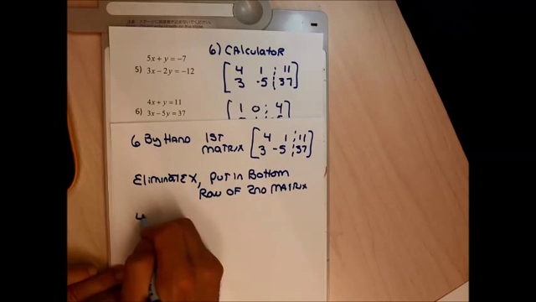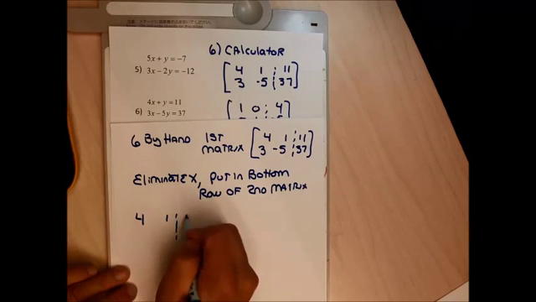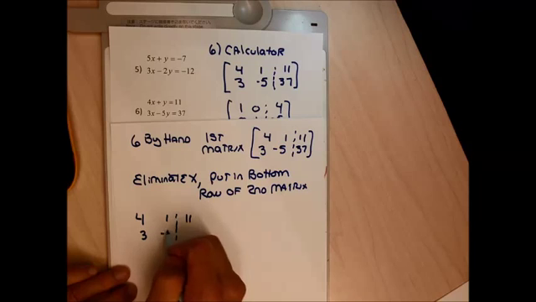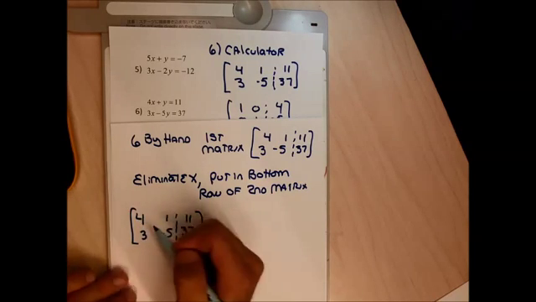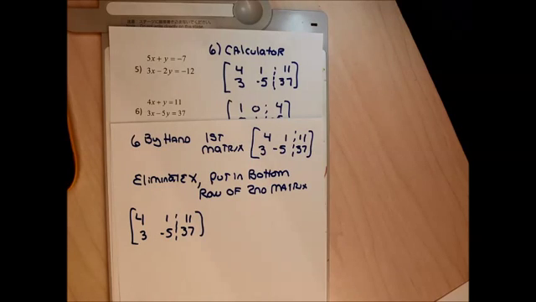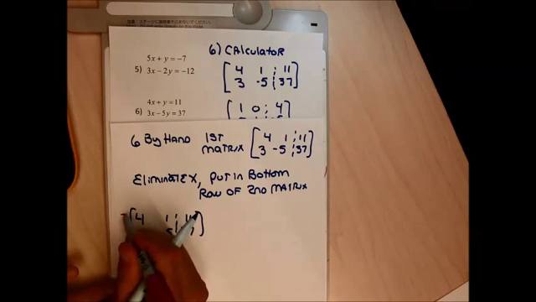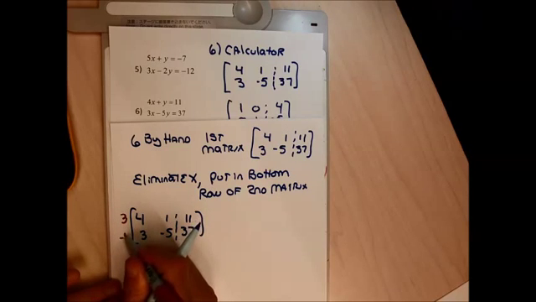So the two rows are 4, 1, 11, 3, negative 5, 37. And to eliminate the x's, I need a positive and negative 12 in front of my x's. I'm going to multiply this row by 3 and this by negative 4.